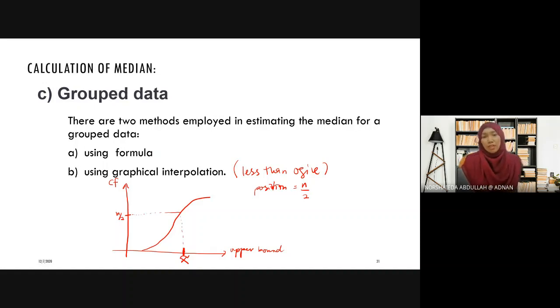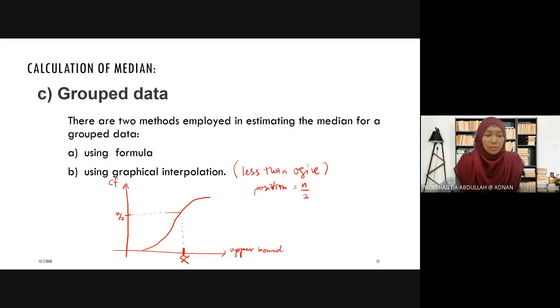To use graphical interpolation, we need to construct the ogive first, then calculate the position, then find the position on the graph at the cumulative frequency axis, then do the interpolation and see the value at the x-axis. So that is the estimated median value, alright?